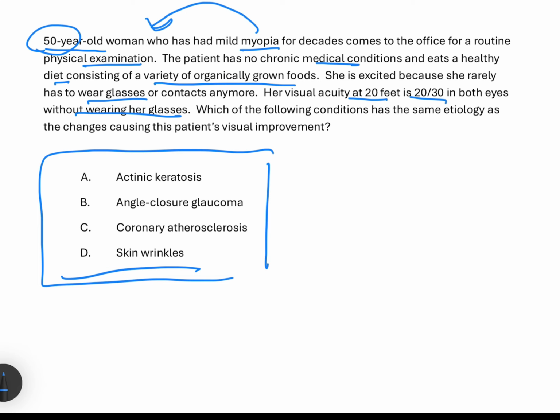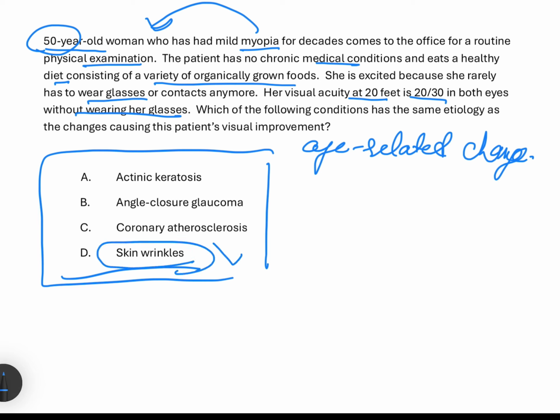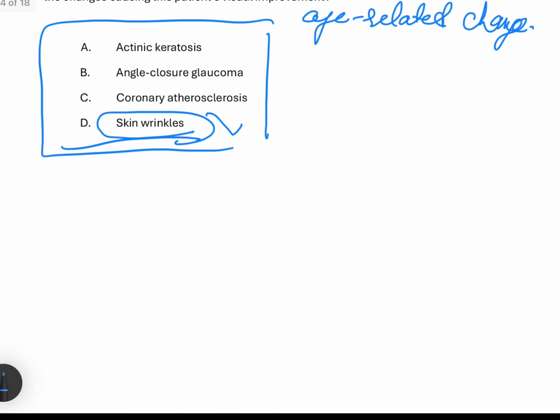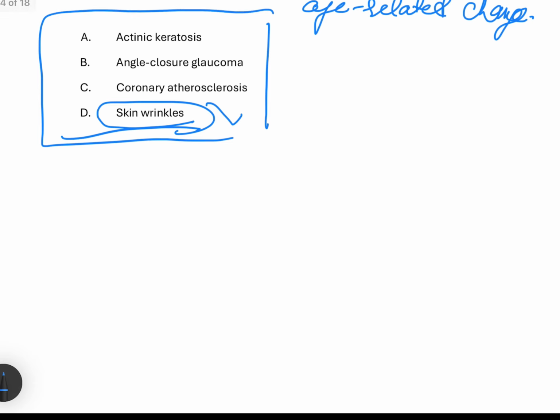So the improvement in this patient's mild myopia is likely due to age-related changes. And you guys already know age-related changes, the most common thing is skin wrinkles. But normally in accommodation and focusing on near objects, ciliary muscle contraction relaxes the zonular fibers, allowing the lens to become more convex so the image focuses on the retina.